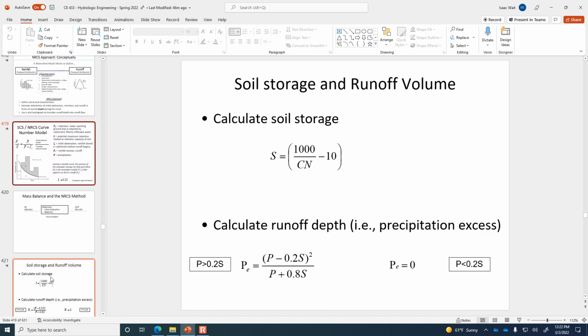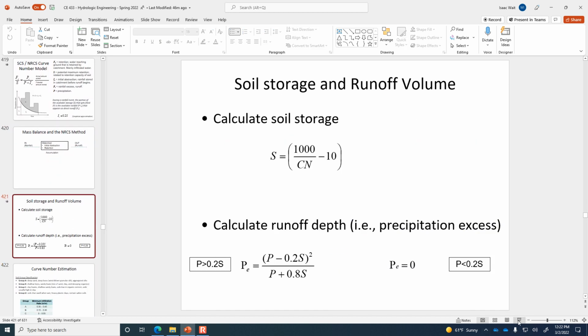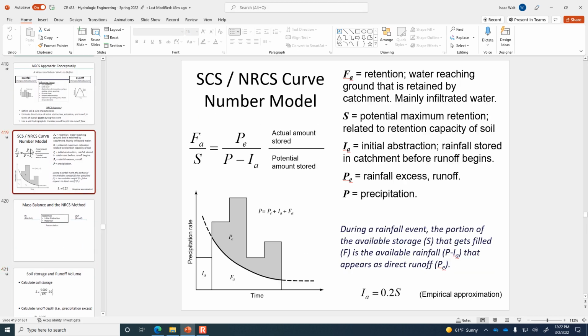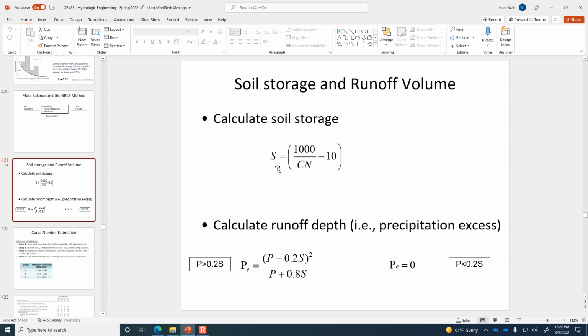It's through the curve numbers that those factors are accounted for. So you use the curve number to calculate storage, and storage has units of length. And so all of these terms here, F sub A, S, P sub E, P, I sub A, they all have units of length. And so does S when calculated with curve numbers.